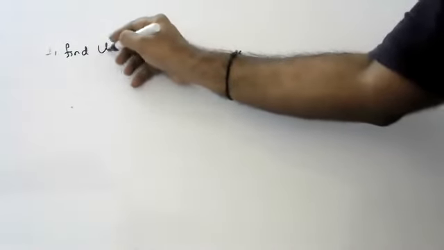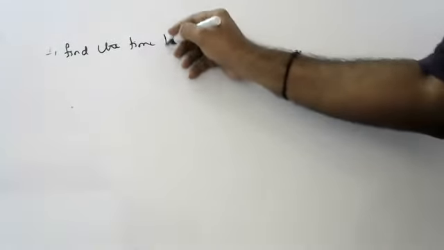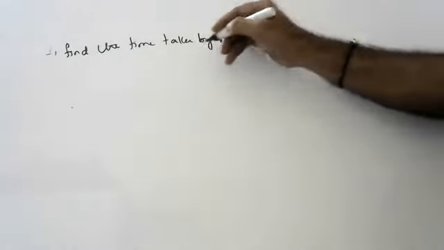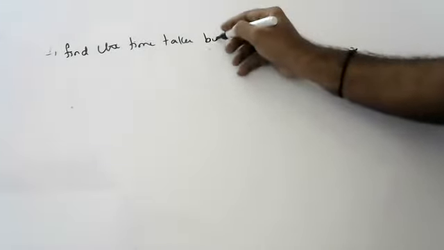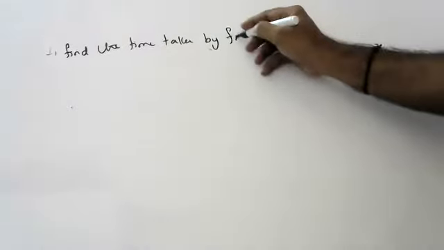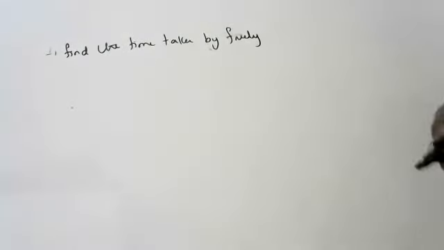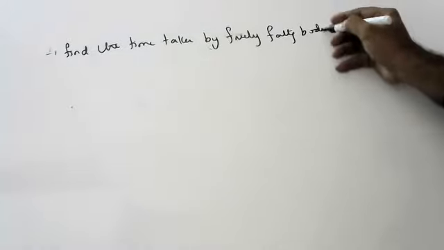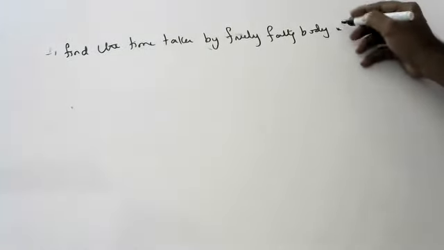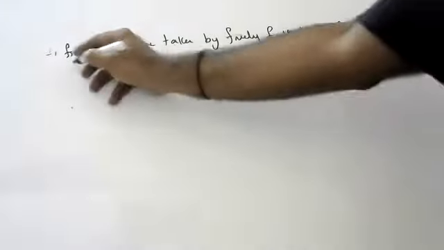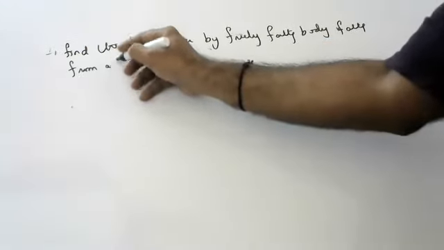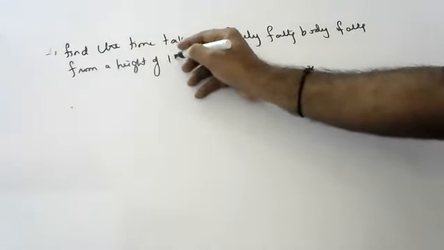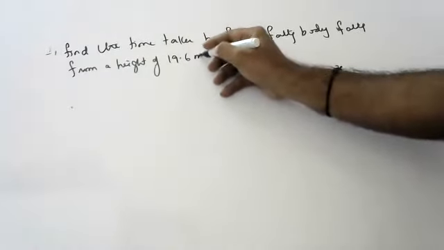Find the time taken by a freely falling body falling from a height of 19.6 meters.